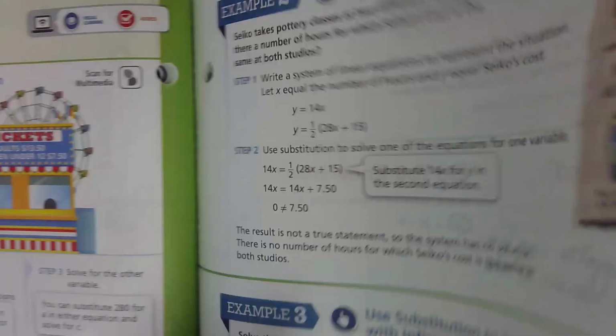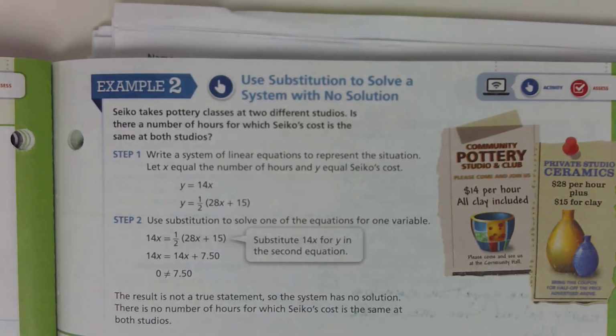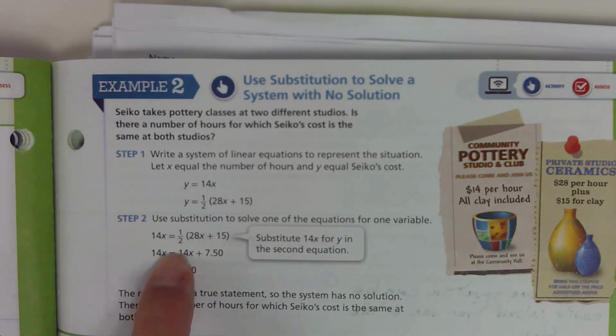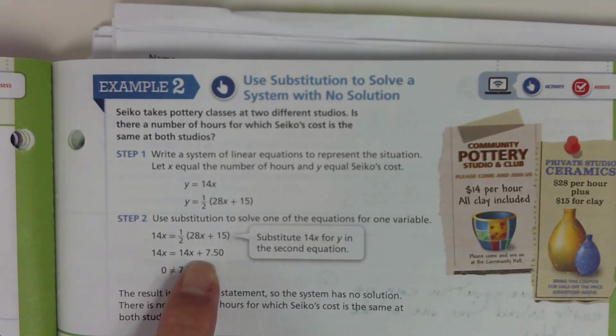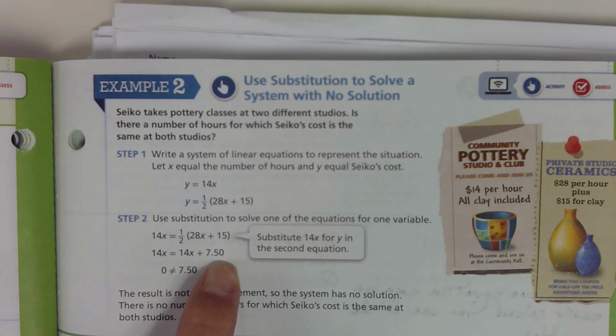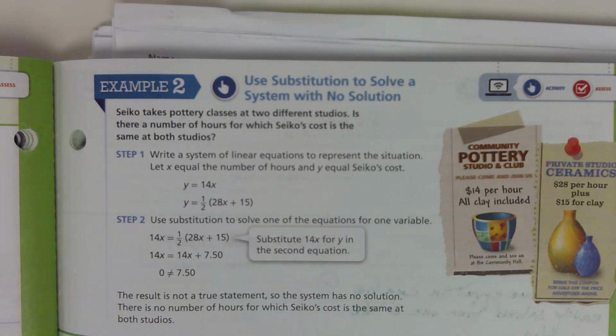It doesn't compute. It doesn't work. And so for example 2, they walk you through that, and you end up with 14x equals 14x plus 7.5. That can never be true. Doesn't matter what x is. That could never be true.